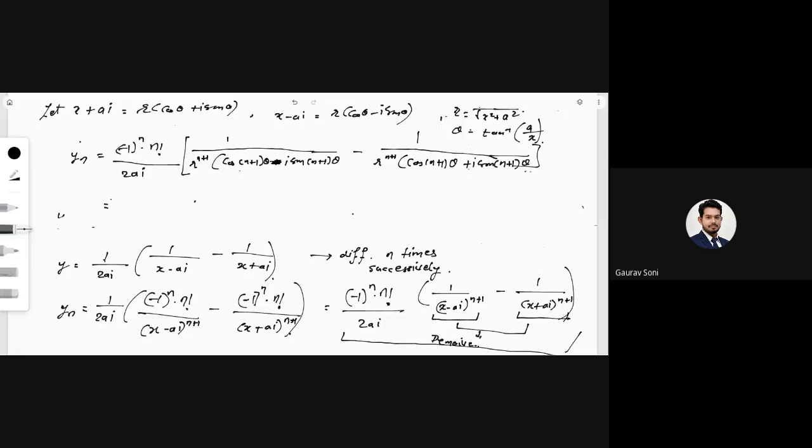The value of a I have to change. So if you see, the value of a is a is equal to r sine theta. So r is equal to a by sine theta. So minus 1 raised to n factorial upon 2ai r raised to n plus 1.